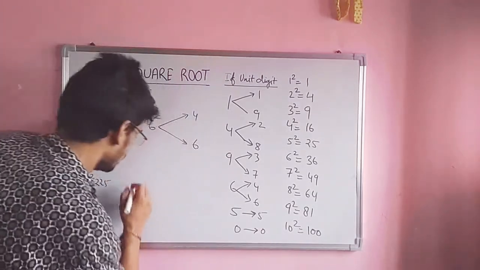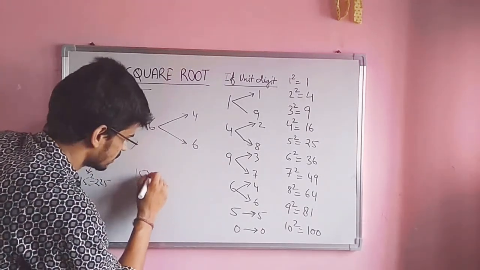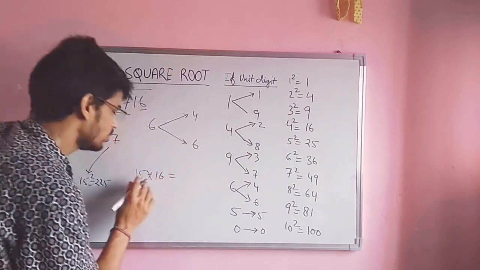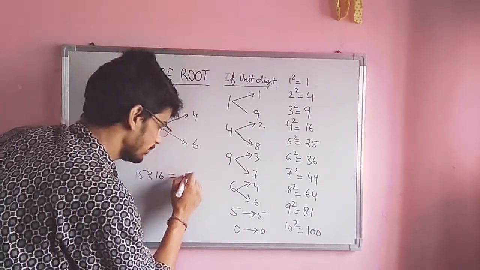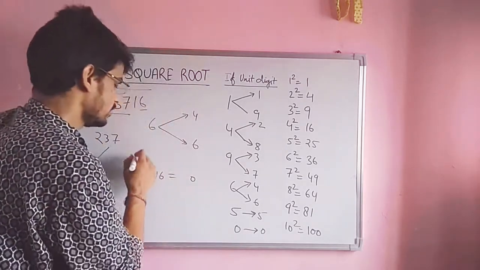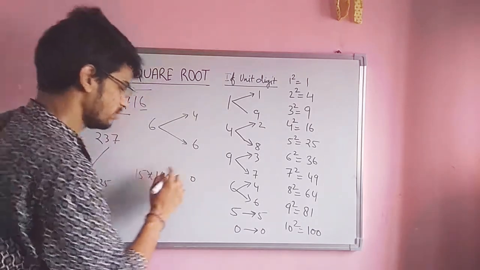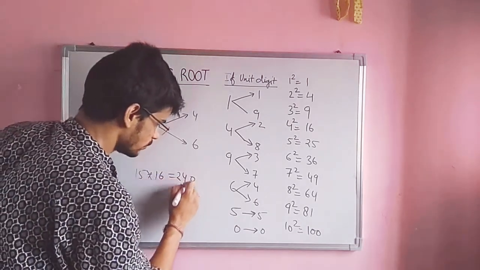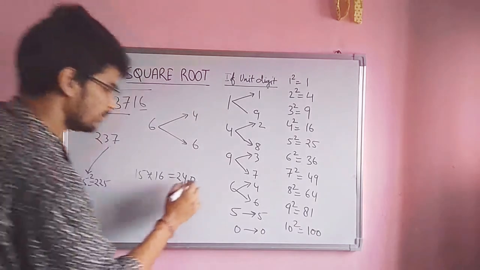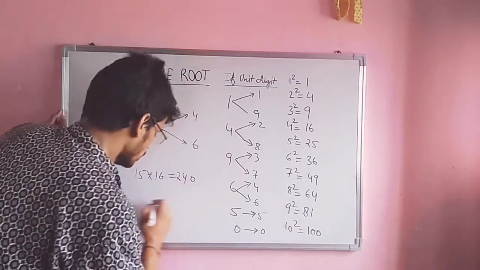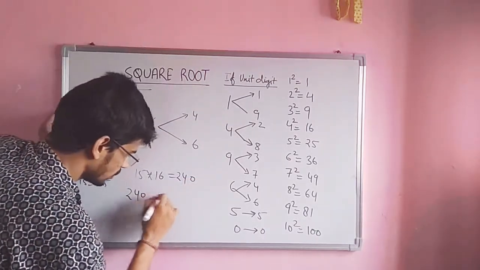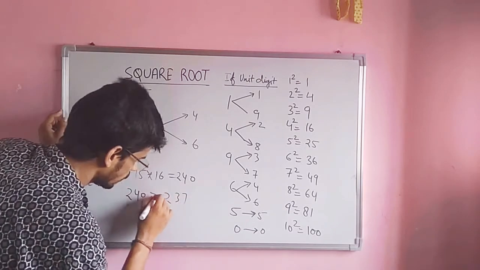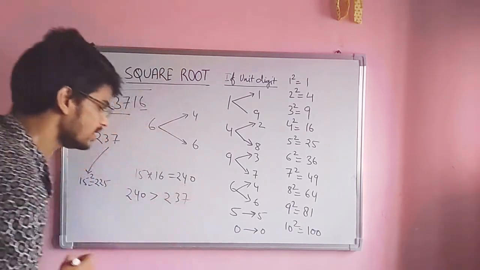Now multiply 15 by its successor, that is 16. 16 multiplied by 5 is 80. 80 is 0, carry 8. 16 times 1 is 16, plus 8, that is 24, so 240. Now compare 240 with 237. 240 is greater than 237.